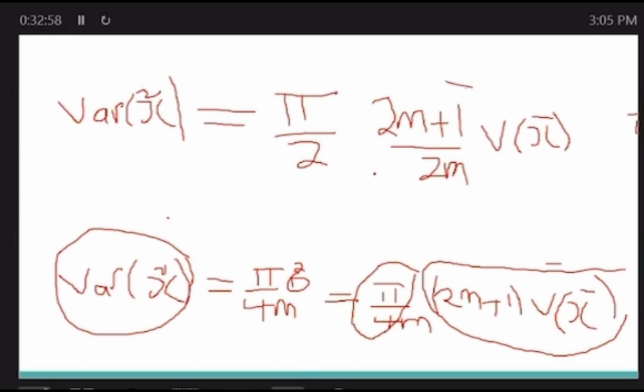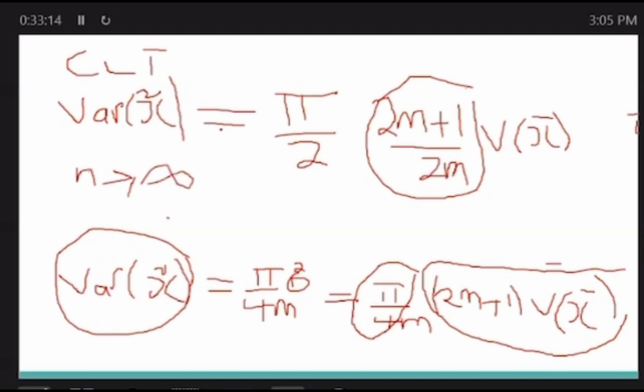For this situation, I want to apply the central limit theorem, for n tending to infinity. And don't forget, n is 2m plus 1. Does that make sense? If n tends to infinity, m also tends to infinity.